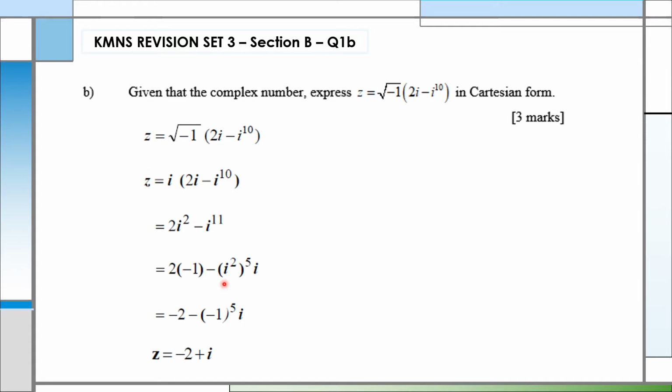So look at the question carefully, and please differentiate between Cartesian and polar form. Again, polar form is in the form of r cos theta plus i sin theta, where you have to find your modulus and argument, but Cartesian form is just in the form of a plus bi.